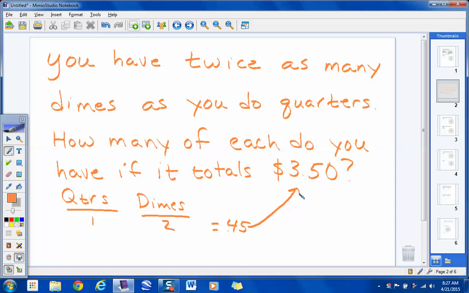Okay, so what I'm asking you guys to do is think of a certain quantity of quarters, double the quantity of quarters to the number of dimes so that it totals up to what value here? $3.50. Okay? So you can think of it. Just give you a minute to think about it. Anybody got them yet? Kind of a guess and check thing.